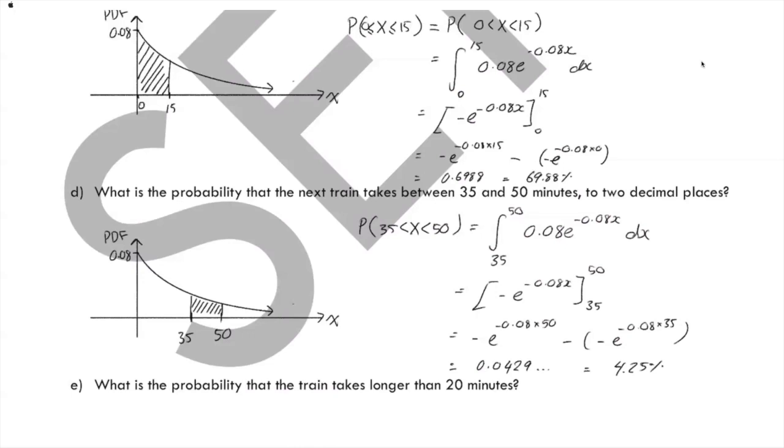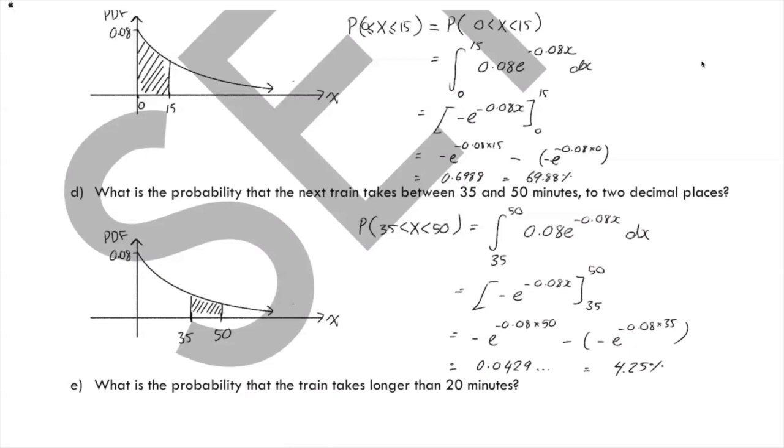By the way, this distribution is pretty cool because it's actually irrespective of when the last train showed up. Imagine if you walk to a train station and all of the TVs are turned off. You don't know when the last train came, and obviously you're waiting for the next train. If all you know is on average how many trains show up every hour, you'll be able to calculate these probabilities, which is pretty cool.